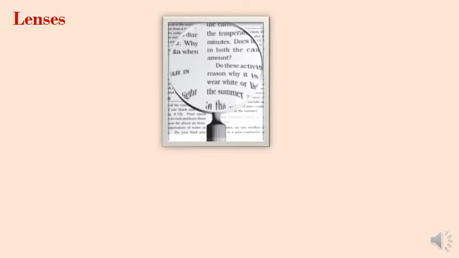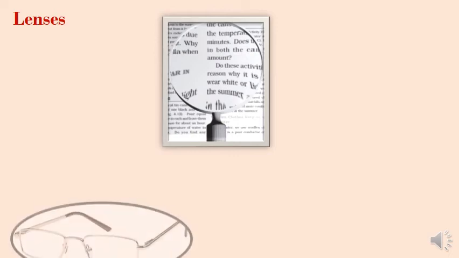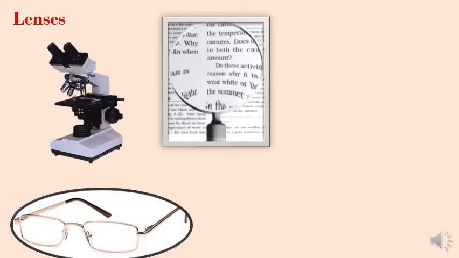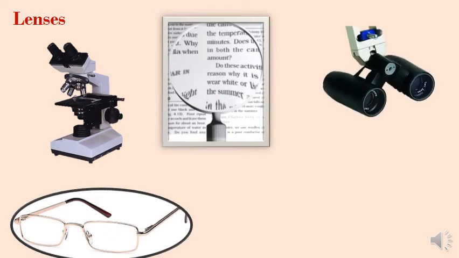Okay, till now we have seen different mirrors like plane mirror, convex mirror and concave mirror. Similarly, we will see here different types of lenses. The lenses are widely used in spectacles, microscopes, telescopes or binoculars. Okay, now how to guess which type of lens it is?